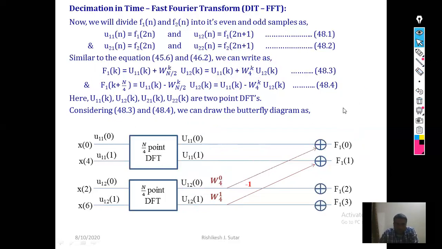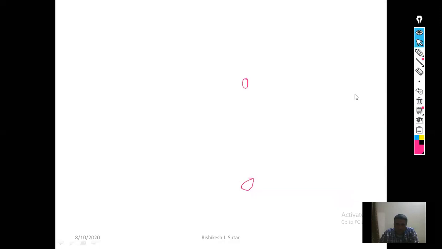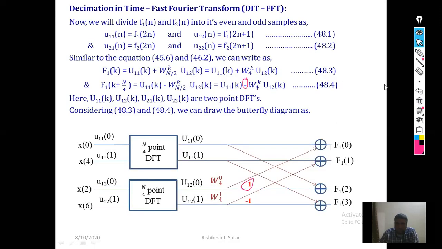Here this minus sign I have to consider, so for that minus sign I have to consider here minus 1, and the same thing will happen.